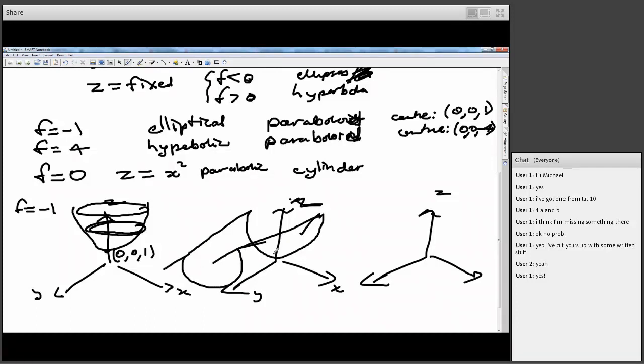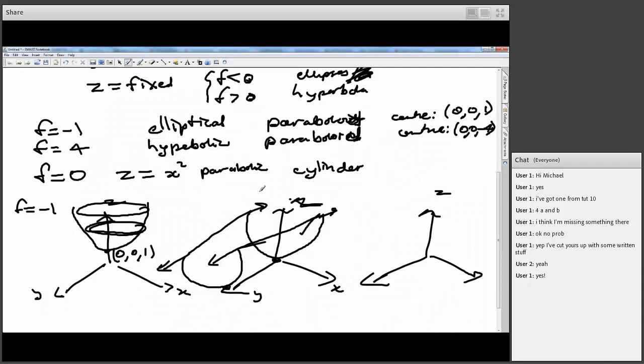So it's a big trough, essentially, extending in both directions. Just a really big, giant trough is the idea. Hard to draw, and it passes through the origin. That's the z equals x squared bit.